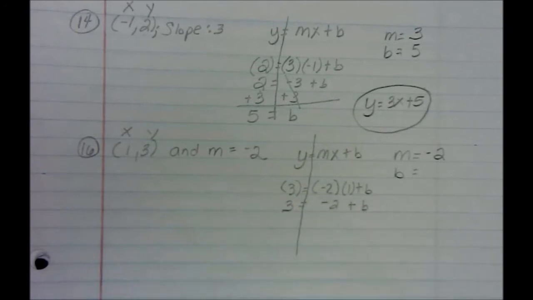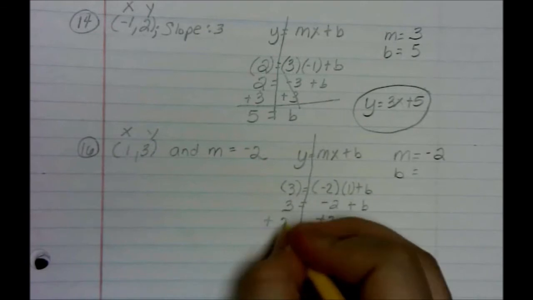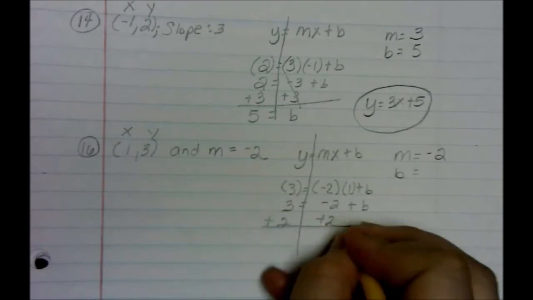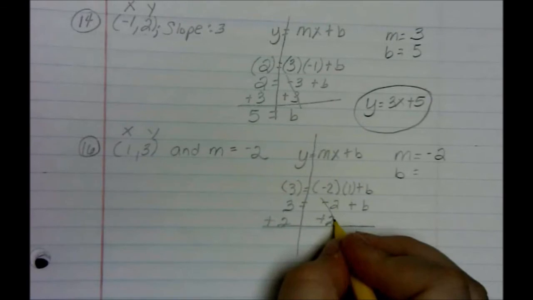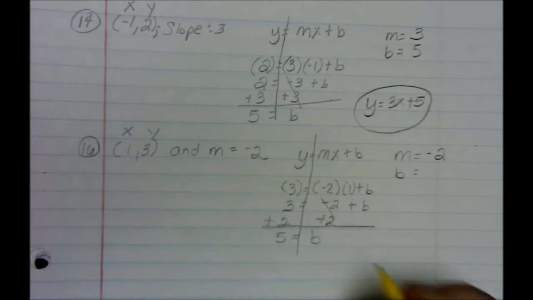So to find out what b is, we need to get it by itself. So we would add 2 to both sides, which gives me 5 equals b. So I'm going to put 5 in here.